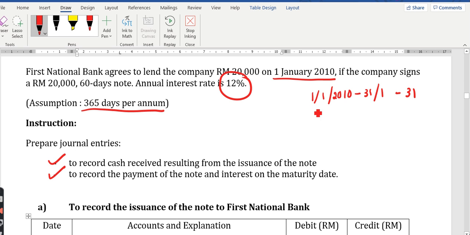From 1st of February until 28th of February, that will be 28 days. So here you already have 59 days.